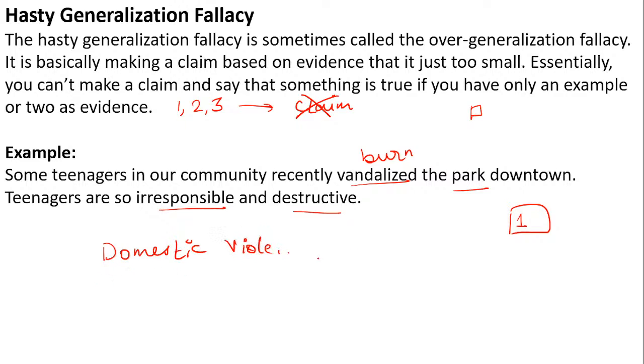So if you heard one case, two cases, or three cases, and you say that all men beat their wives or all men perform domestic violence, it is absolutely wrong. So this is hasty generalization. So the word haste means anything that you do in a hurry. Okay, on the basis of just one or two instances, you are giving a general statement.